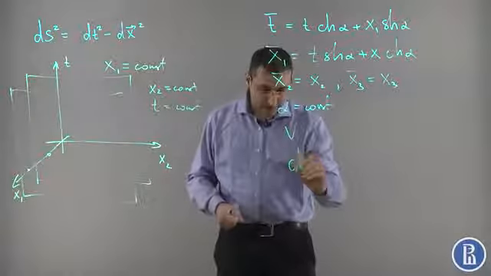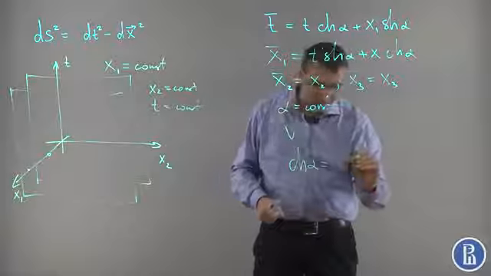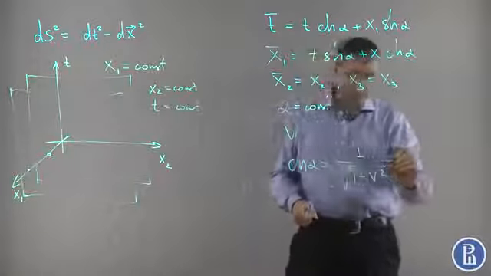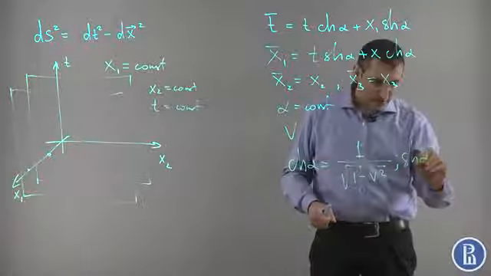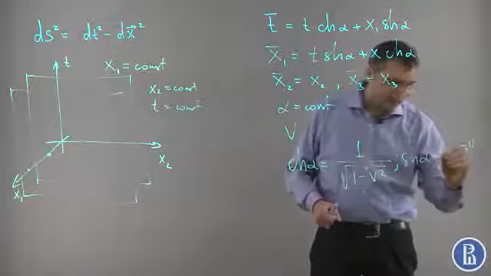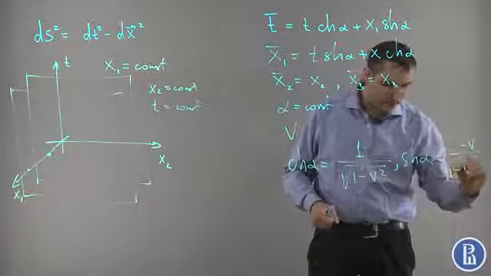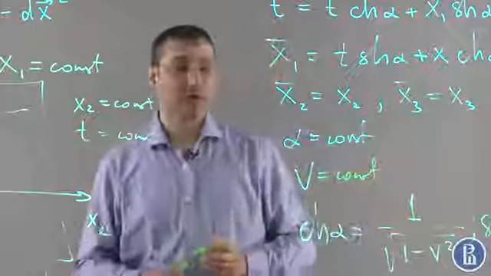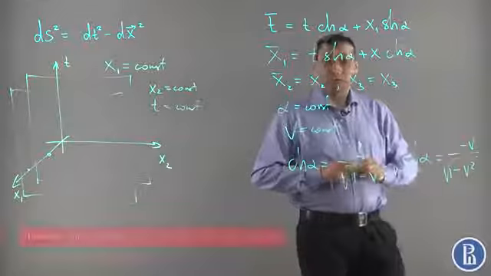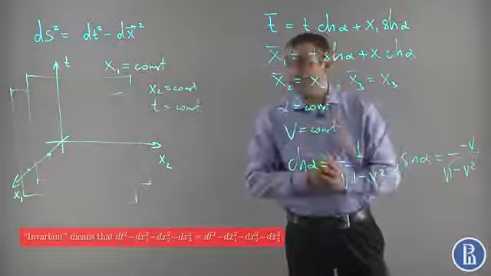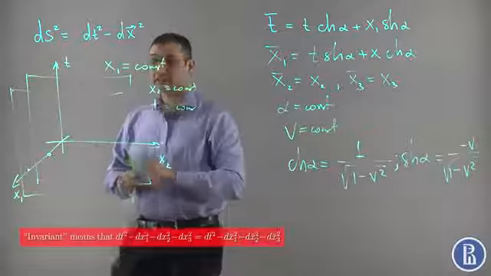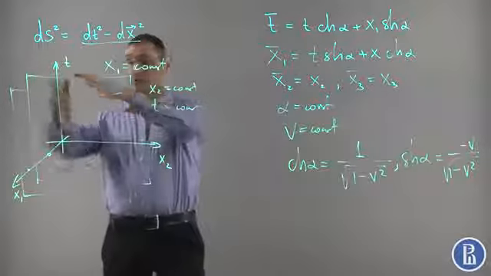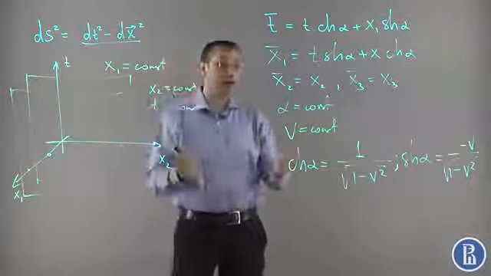Then hyperbolic cosine of alpha is nothing but the relativistic gamma factor, and hyperbolic sine of alpha is just minus v divided by square root of one minus v squared. And v is constant. So we have two inertial reference systems.